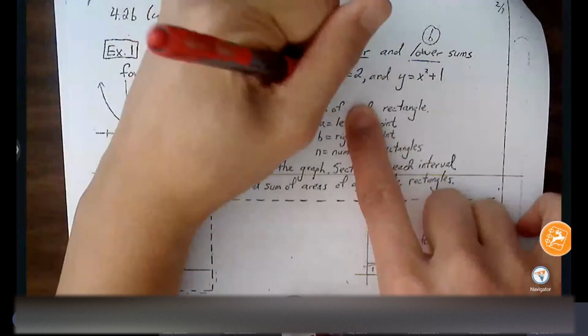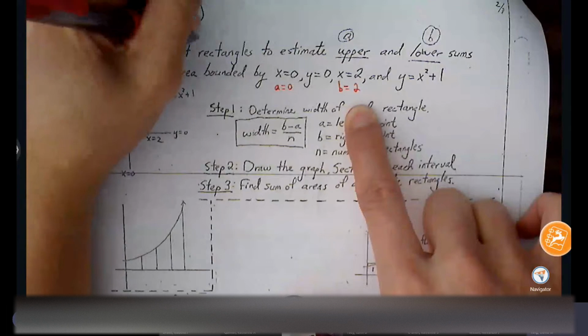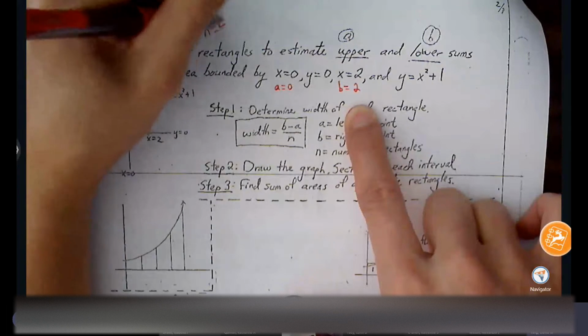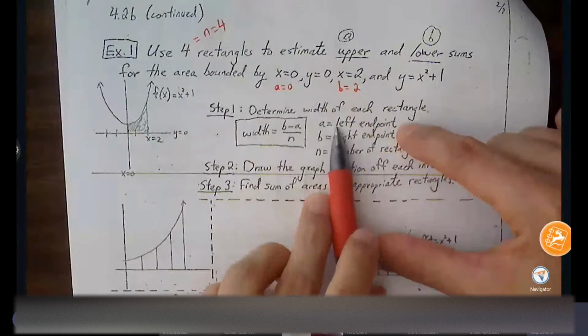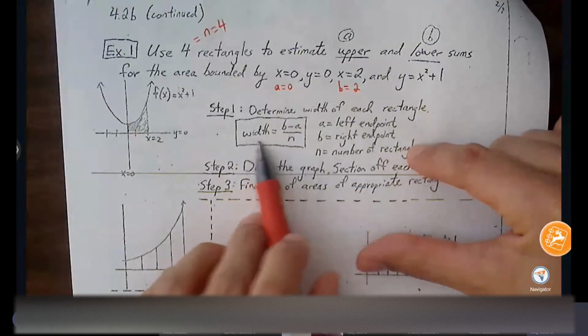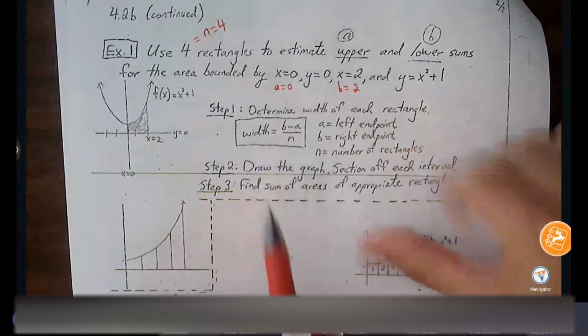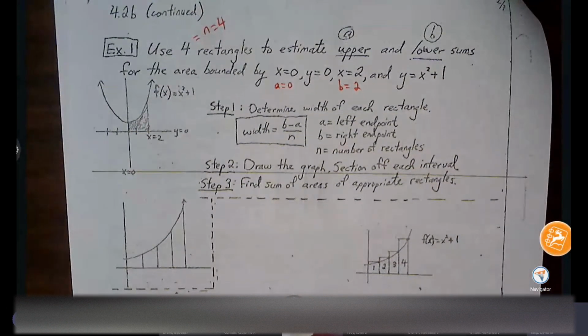My B value is 2. And then my N value is 4. So if I take right endpoint minus left endpoint divided by number of rectangles, then I can get the width of each rectangle. Okay, so that's the first step.